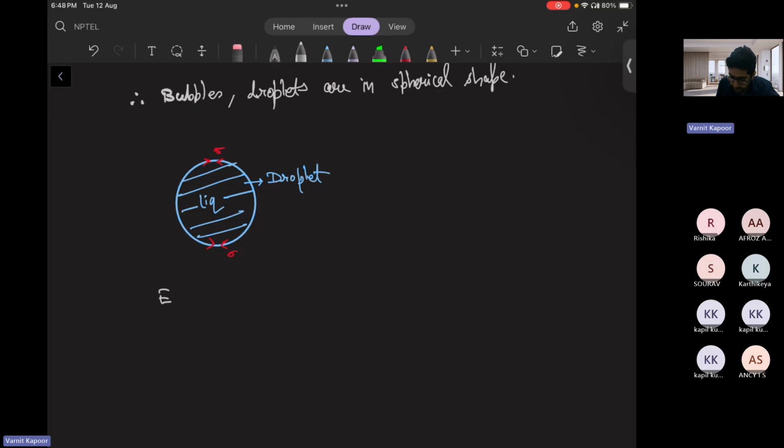So what will be the energy here? Surface tension into area, because surface tension is nothing but surface energy per unit area. Surface tension into area. And what will be the surface area of a sphere? It is 4 pi r square, where r is the radius of the sphere. This is your energy. Now, instead of a droplet, suppose you have an air bubble.